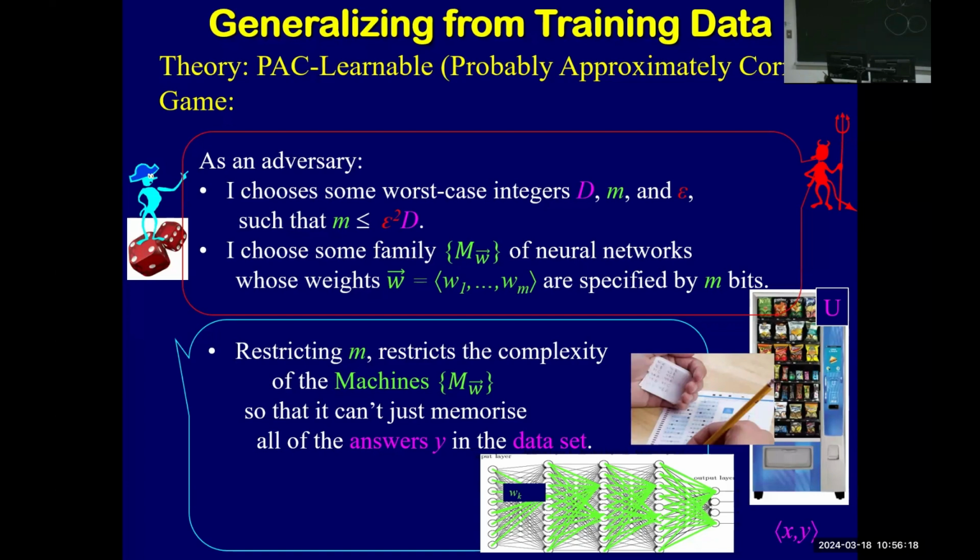But we don't have enough bits to write down the answers, because we have D training data and we don't have D bits. So when we're learning our machine, we can't learn simply by writing down the answers. Does that make sense?